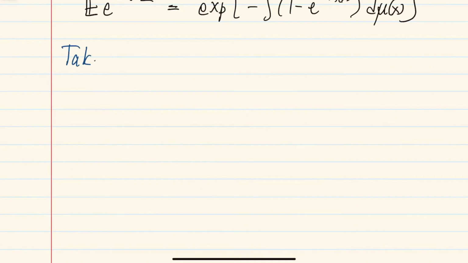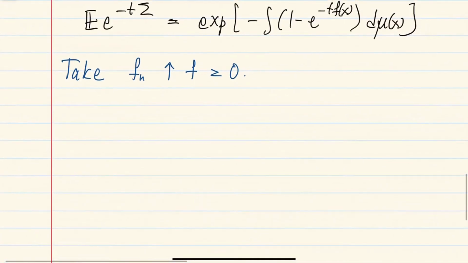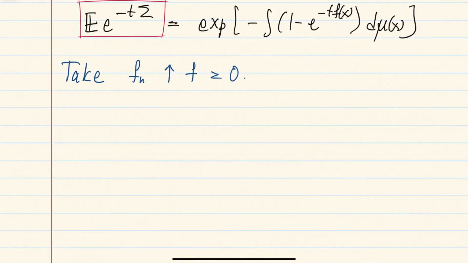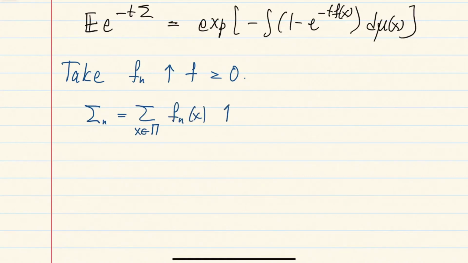Now, in the general case, we can simply approximate by a sequence of step functions. In fact, a monotone sequence. So we can take a sequence of step functions as above, which is monotone and converges to our function f. First of all, on the left-hand side of this equation, if you take sigma n to be the same sum over our Poisson point process of fn of x, this will converge monotonically to sigma given by the original sum.